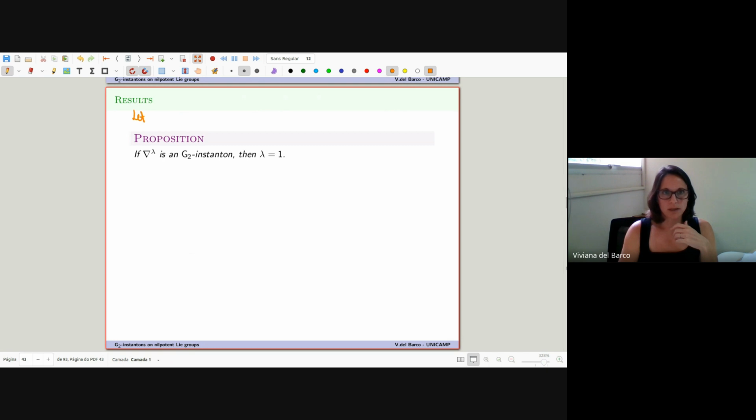So let n be a two-step nilpotent algebra, and phi coclosed.